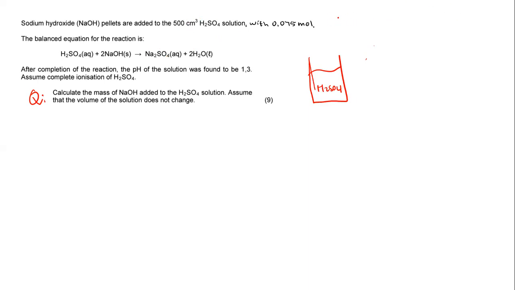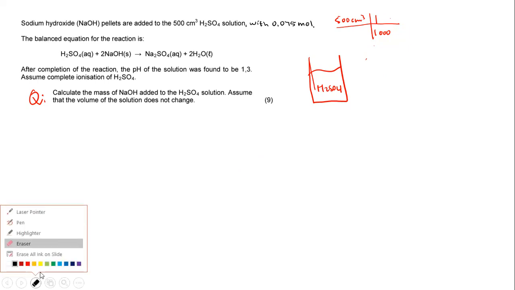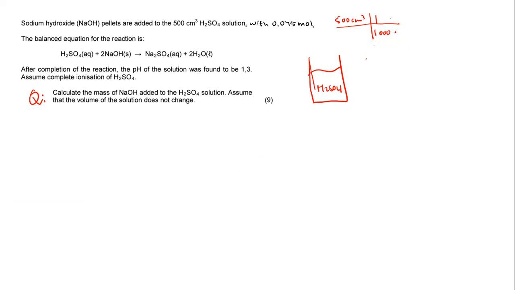So we know that 500 cubic centimeters, when we want to convert it, we know that 1,000 cubic centimeters corresponds with 1 cubic decimeter.